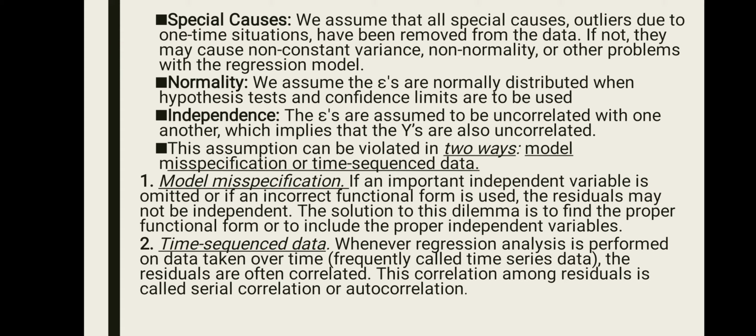Second is time sequence data. Whenever regression analysis is performed on data taken over time, frequently called time series data, the residuals are often correlated. This correlation among residuals is called serial correlation or autocorrelation.